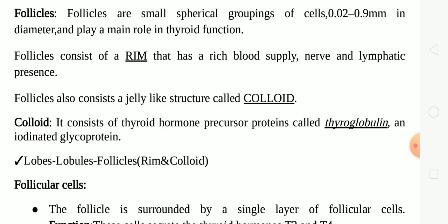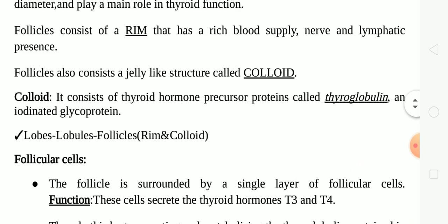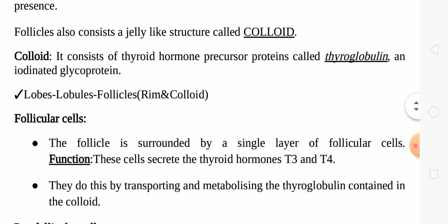This precursor protein is called as thyroglobulin, and from this thyroglobulin the thyroid hormones are synthesized from the colloid. So the function of the follicles is to synthesize the thyroid hormones. Clear?